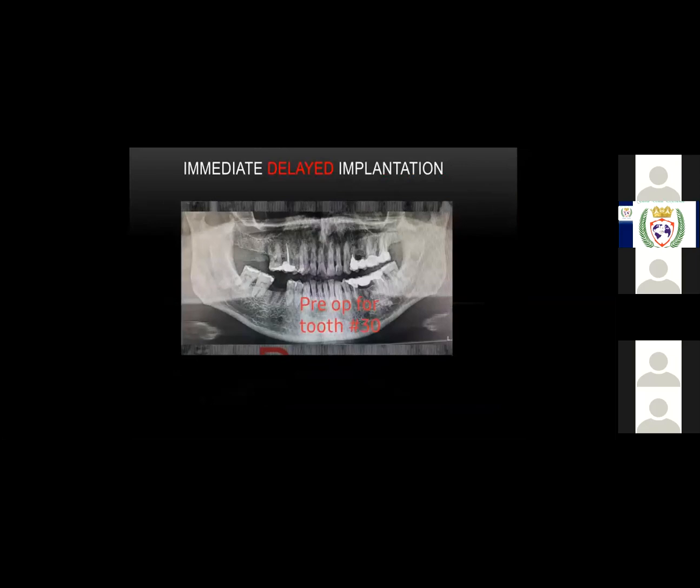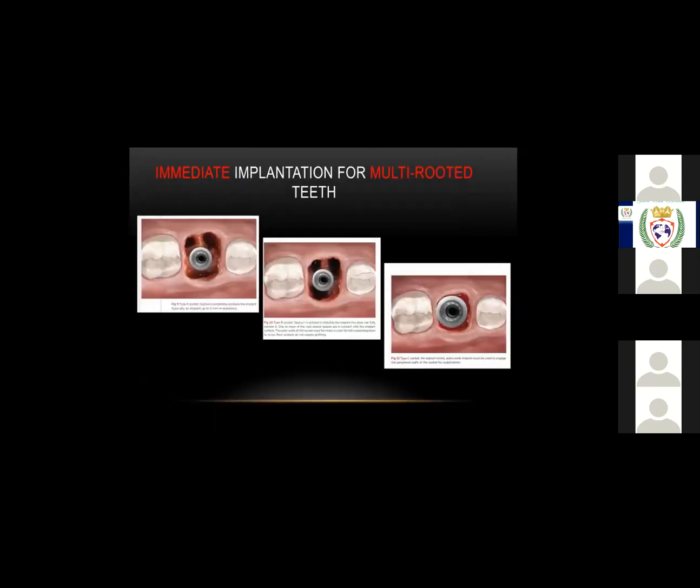I'm not a big fan of doing immediate implantation for multi-rooted teeth, because it poses a lot of problems, especially if you have maxillary teeth with wide roots, thin septum and big sockets.